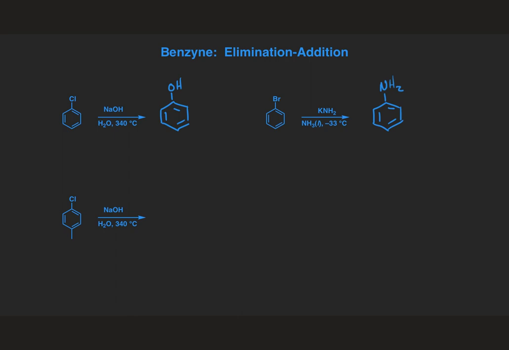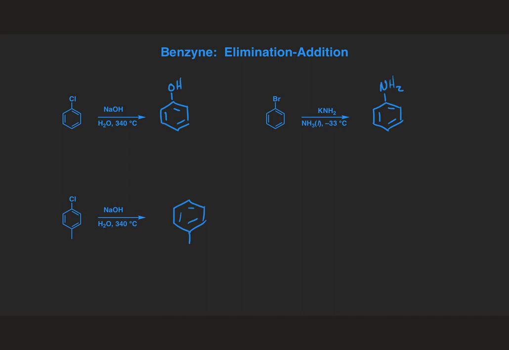At this point, it is unclear why we have to invoke a different mechanism in this reaction than we did in the SNAr mechanism. But when we look at substituted benzenes, it becomes more complicated. In this example, we have 4-chlorotoluene. And this reaction proceeds cleanly, but it gives a mixture of products.